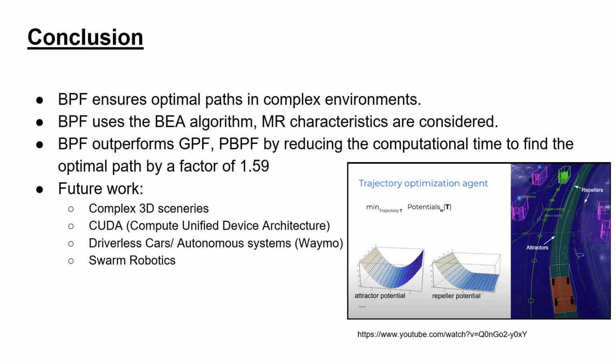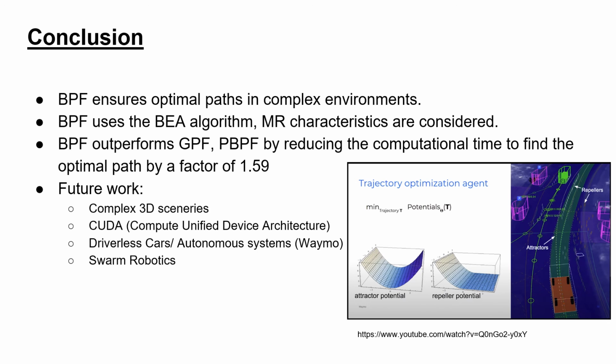And here in the figure, you can see a slide from a presentation given by Mr. Drago, who works at Waymo. He talked about how Waymo uses attractor potentials and repeller potentials for motion planning of its cars.